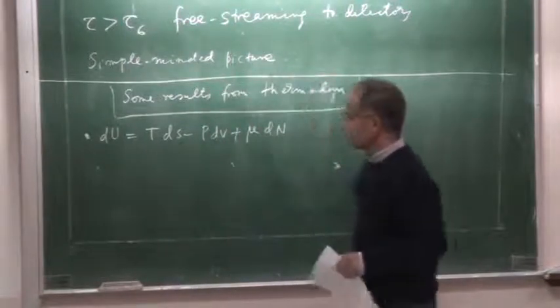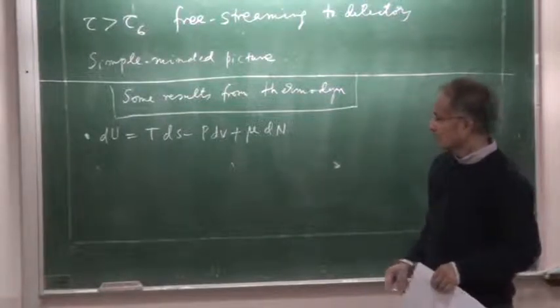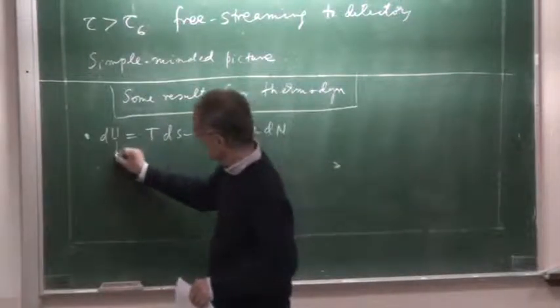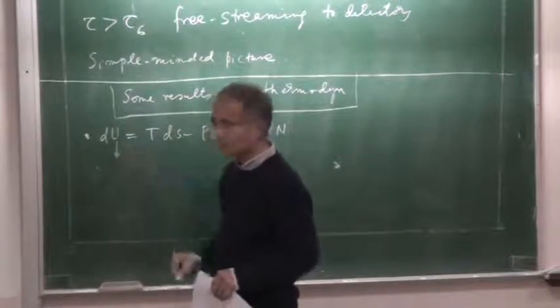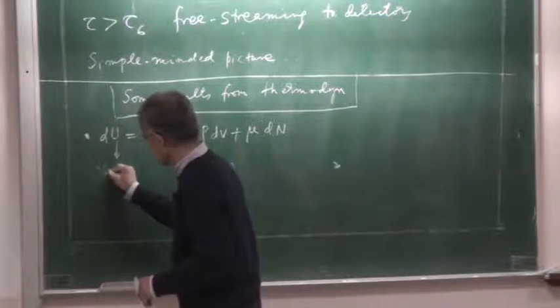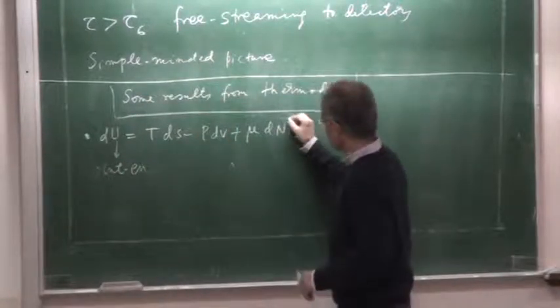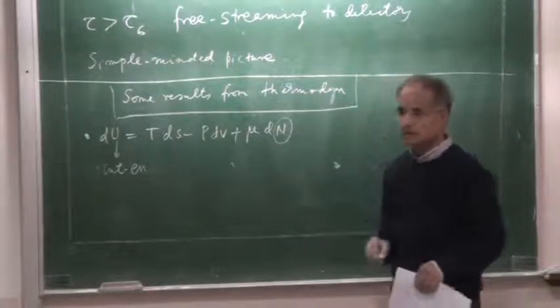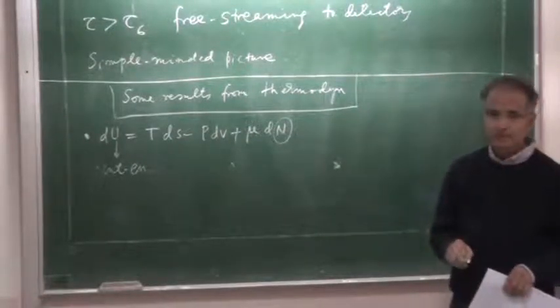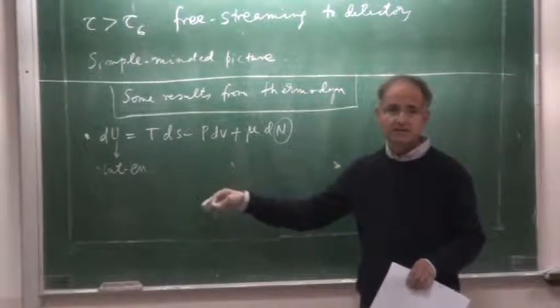This is the well-known result from thermodynamics. Now what is U? Internal energy. And N is the number of particles. But now there is a difference between relativistic theory and non-relativistic theory.